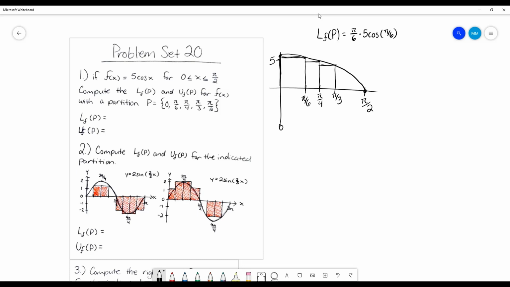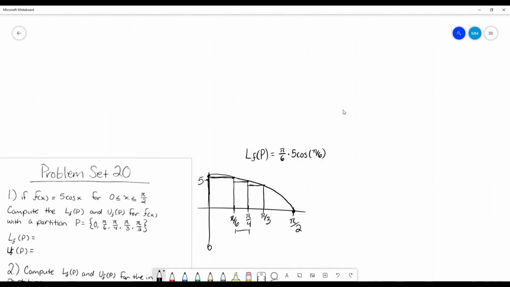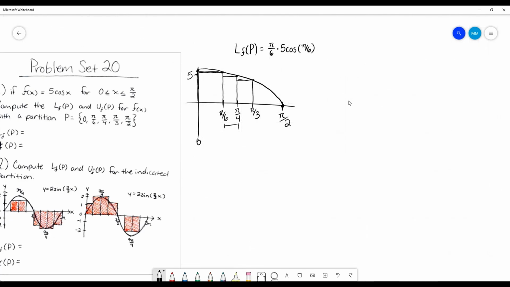And then I'm going to have whatever this distance is times 5 cosine of pi over 4. So let's figure out the distance between pi over 6 and pi over 4. Common denominator is 12, so it'd be 2 pi over 12 and 3 pi over 12.